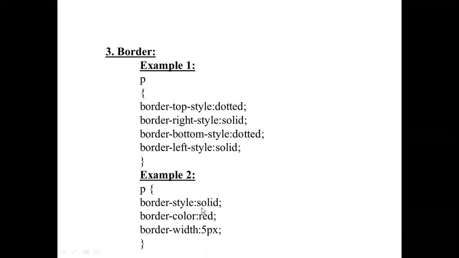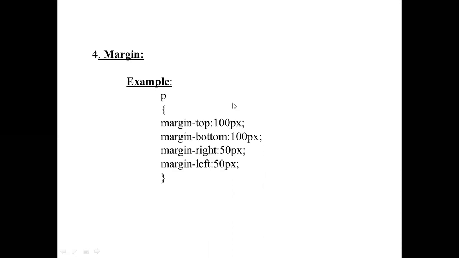Border style is solid, color is red and width is 5 pixels. The last property lets us specify the border for individual sides separately: top, right, bottom, left. So these are the four properties for the border: style, color, width and individual. That is about the border.